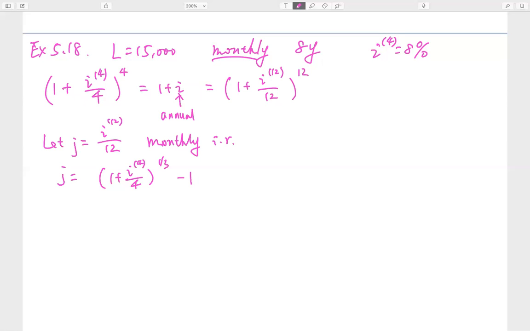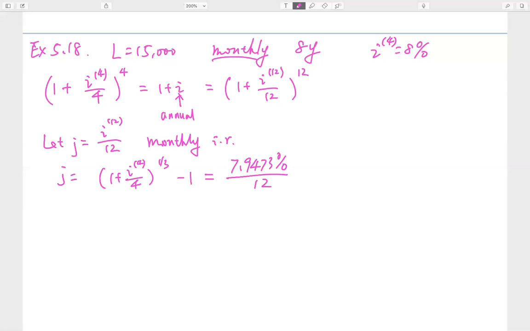We have i, but the question calculated i12, so it's 7.473%. Obviously, we need to divide it by 12. Use your calculator to get the result.